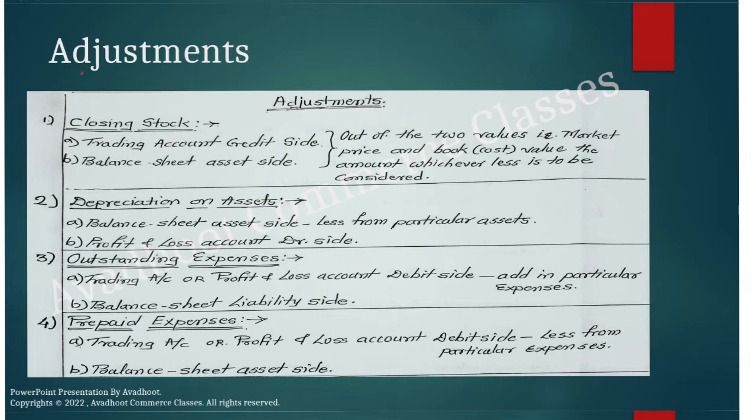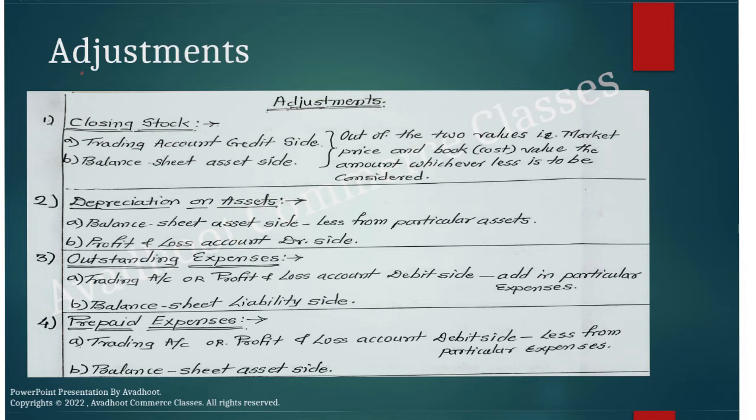Similarly, sales always have a credit balance and are written on the trading account credit side, but return inward is always a debit balance, so it is reduced from the sales. Capital is always a credit balance, drawings is always a debit balance, but we deduct it from the capital: less drawings. We are not writing it on the debit side; we deduct it from the liability.